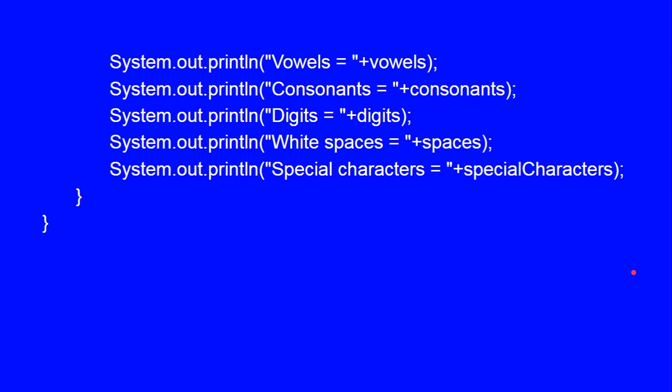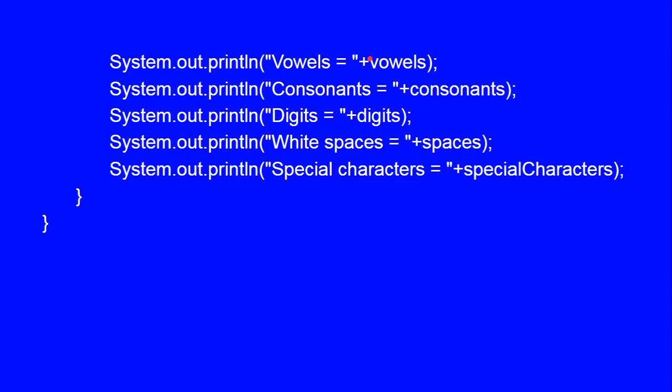So we have to go for System.out.println. We are giving 5 statements to print vowels, consonants, digits, white spaces and special characters. So what is the syntax? System.out.println within quotes, vowels is equal to, so this will come as it is, plus vowels.